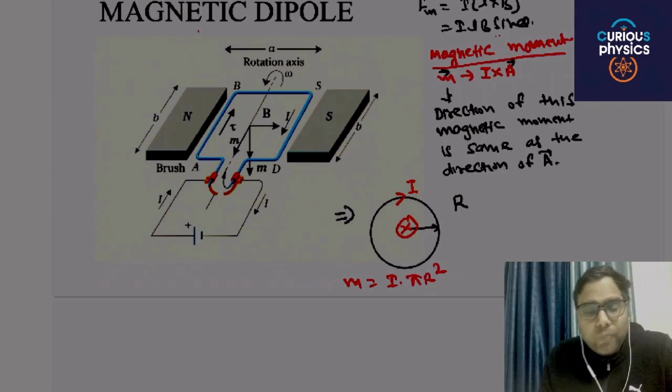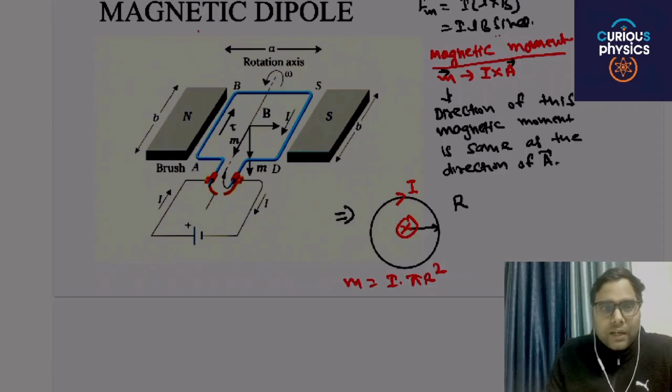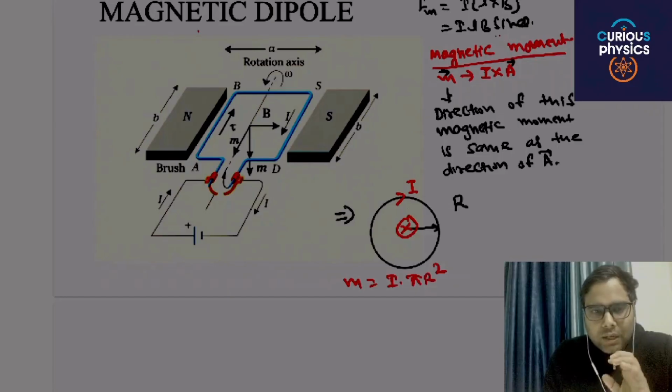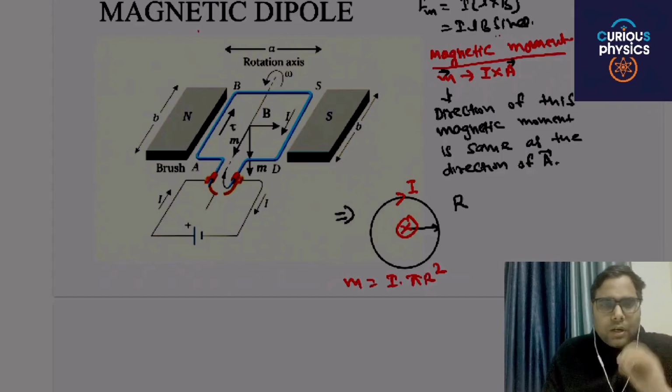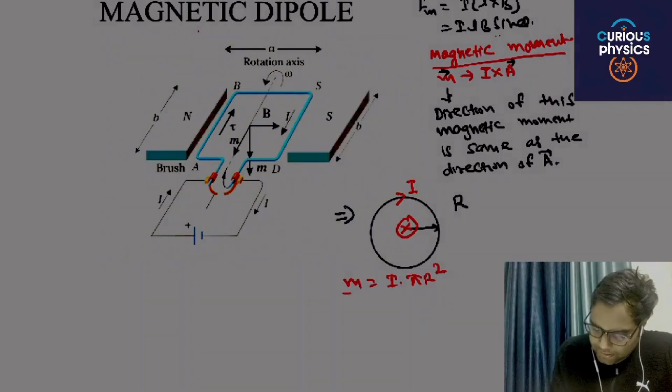The direction of magnetic moment is very, very important, and so is the direction of every quantity you have studied in the case of magnetic field, such as magnetic force and the magnetic field itself. Rest is very simple.